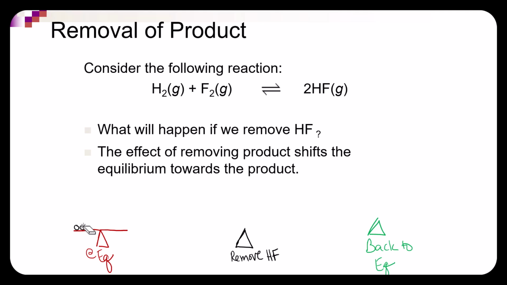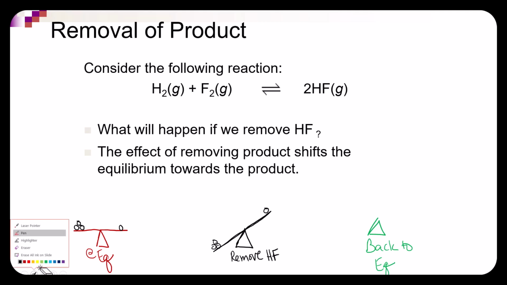So again, if we had 3 stones on each side of our scale, in this case, we are going to remove the product. So removing the product is going to make the product side feel lighter, and it's going to make the reactant side feel heavier. So by removing the product, we stress out the reactant side.